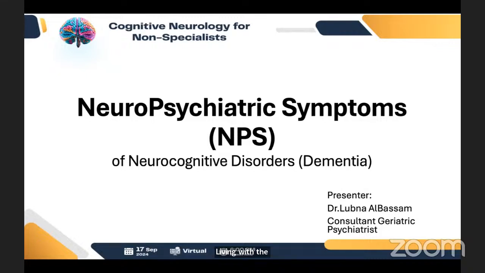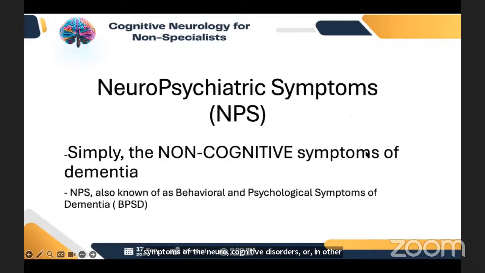And one of the most challenging and burdening things about having dementia or Alzheimer's disease is having the neuropsychiatric symptoms of the neurocognitive disorders, or in other words, dementia. Just simply, the neuropsychiatric symptoms are the non-cognitive symptoms of dementia that Dr. Ru'a have emphasized a lot.